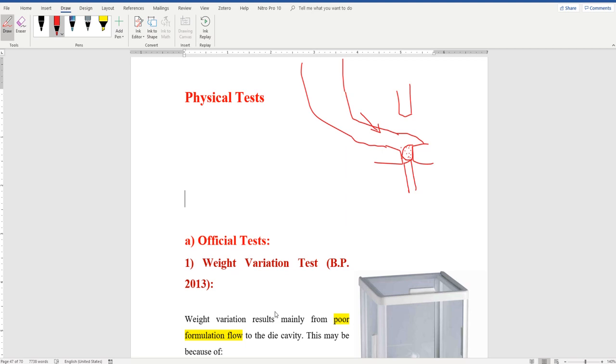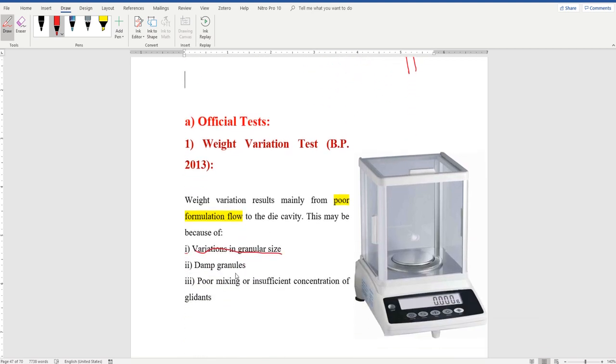But if I don't dry it to that end point, which may be 4% moisture in the granules, if I don't reach that percentage, for example, I leave it at 10%, then the granules will be damp, and this will cause poor flow, because the presence of moisture will cause the granules to stick to each other, okay, and will make it difficult for the granules to flow.